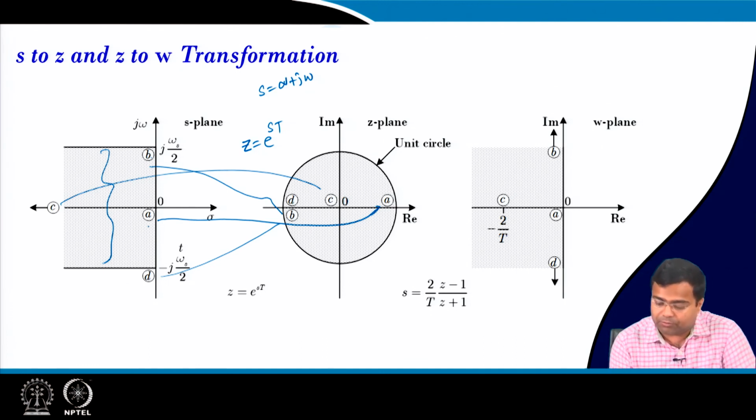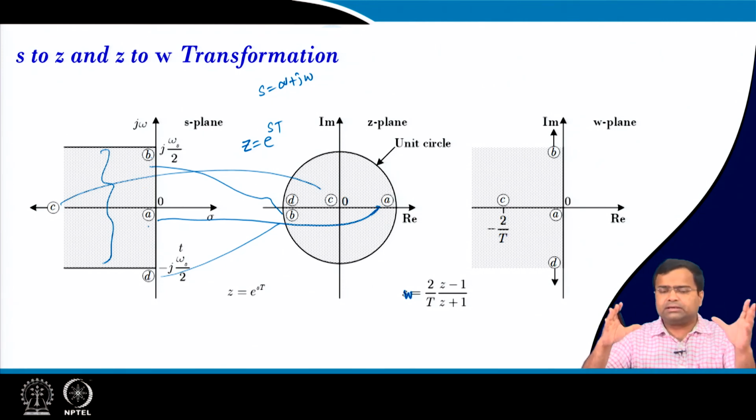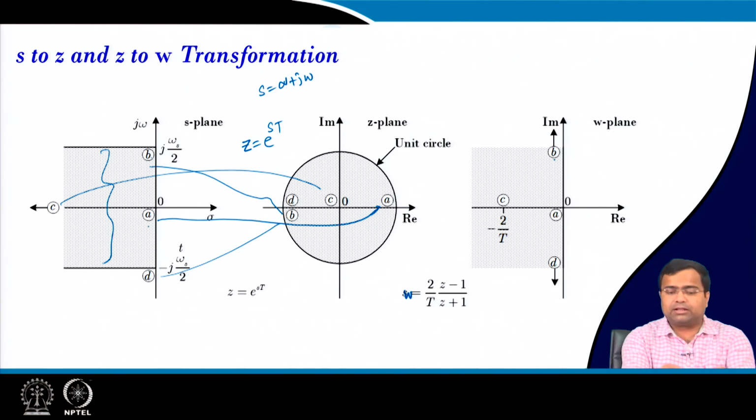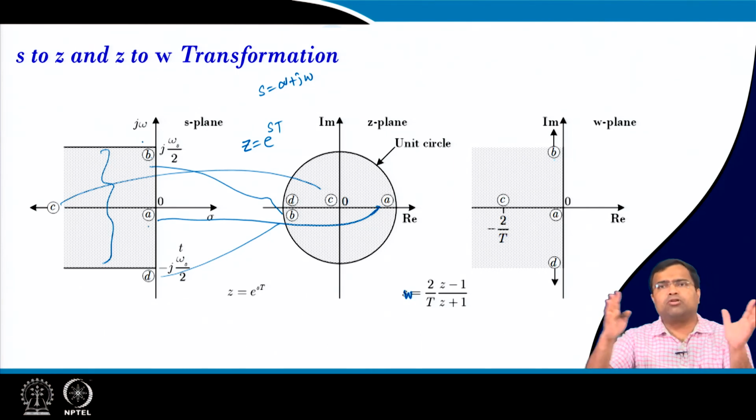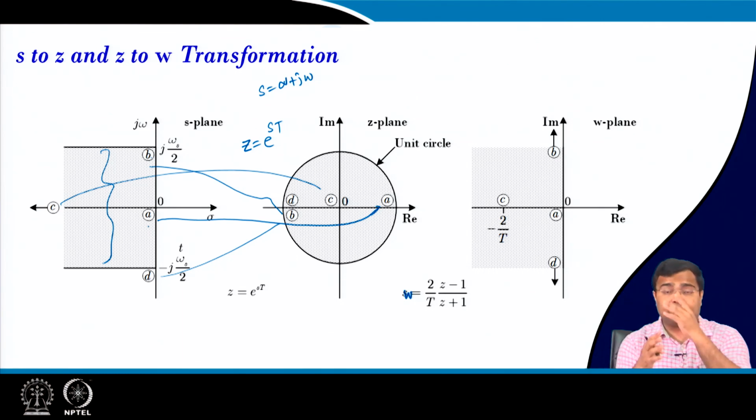Now when you go to the W domain from the Z domain, in the W domain you will get almost similar results. That means the W domain and the omega, the continuous time, are more or less close, except for the problem of pre-warping, the frequency warping problem, and that can be taken care of by frequency pre-warping.